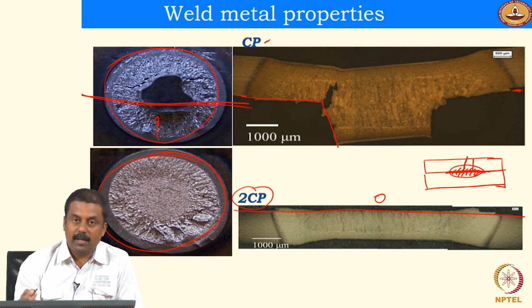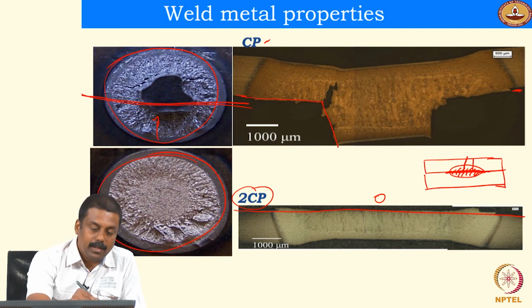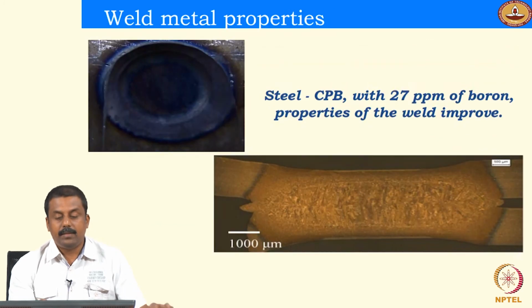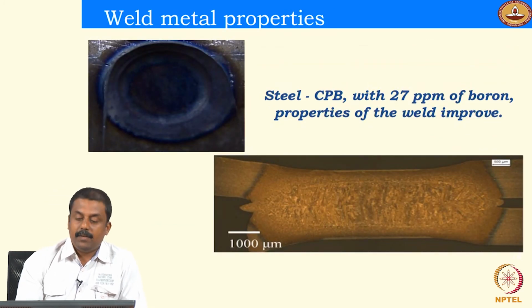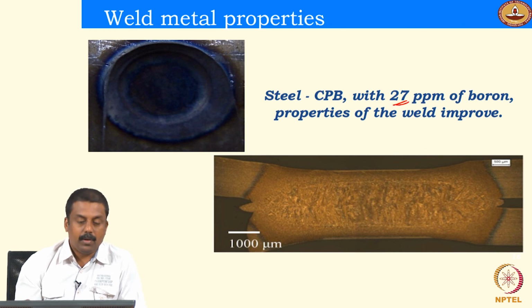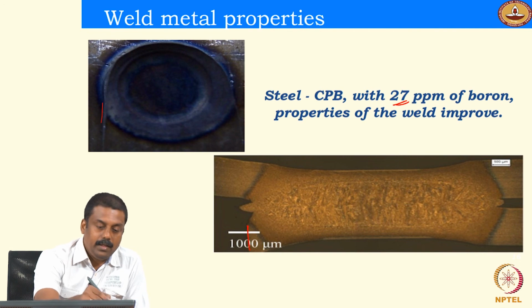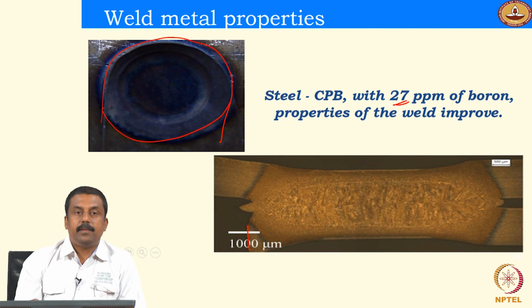Because there is no plug remaining in the weld, and here we see some plug remained, but it is still not acceptable. The acceptable case is the case here where we added 30 ppm, 20 ppm of boron, and you see the failure is completely in the heat affected zone elsewhere. And if you look at it, the entire spot weld nugget remains attached as it was before tensile testing.